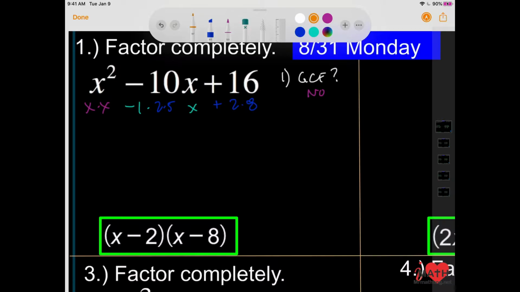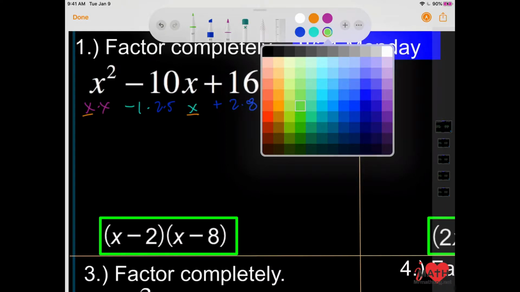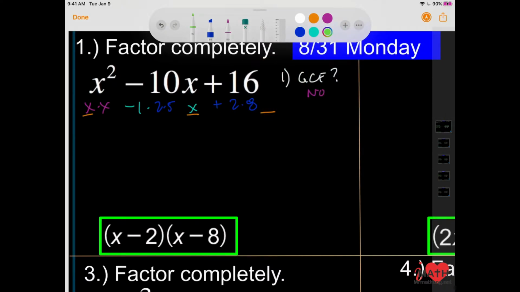You'll notice that the first two have an x, but this one has no x, so x is not a greatest common factor. And then these two have a 2 in it, but this one does not have a 2, so 2 is not the greatest common factor. Okay, so the answer is, there is no GCF.